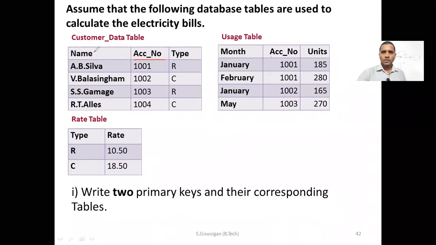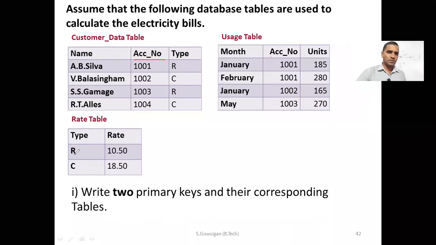In the customer data table, you have name, account number, and type. Type means, look at the rate table. According to this table, there are 2 types of customers. If you can understand, otherwise you can leave. R means residence, for household, there is a charge.